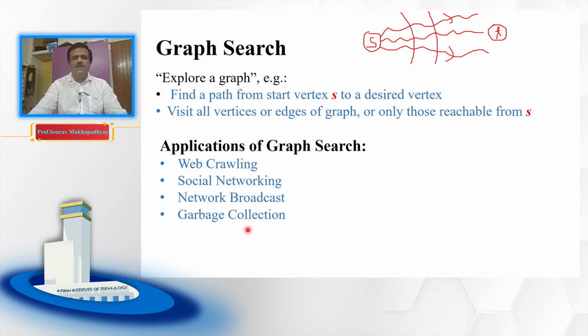That is called garbage collection. All modern languages have this facility, and there they use breadth first search. They see whether a variable is reachable from the current variables we are using. Otherwise it will free the memory, freeing the variables for reuse.